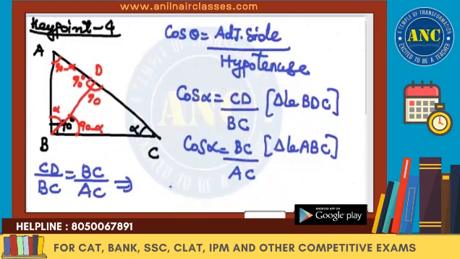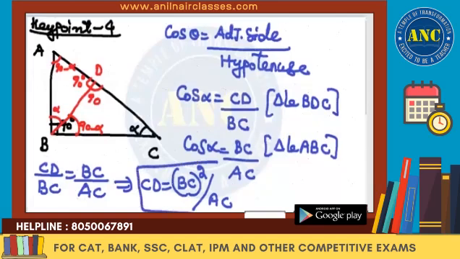If I cross multiply, the CD value is nothing but BC whole square by AC. Very, very important point. Please write it down, sir: CD is BC whole square by AC.